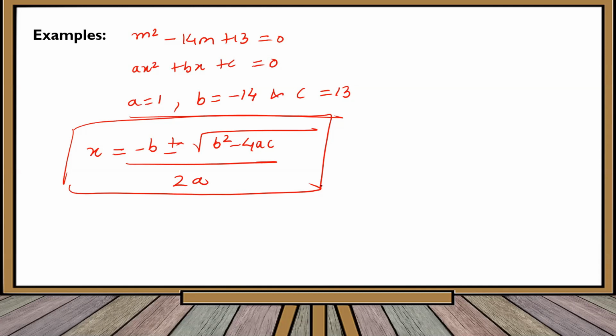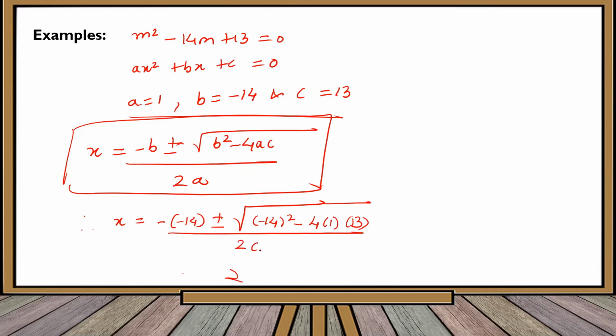Now substitute the a, b, c. So x is equal to minus of minus 14 plus minus root b square. b is minus 14, so minus 14 square, minus 4, a is 1, c is 13, right? Entire thing upon 2 into 1.